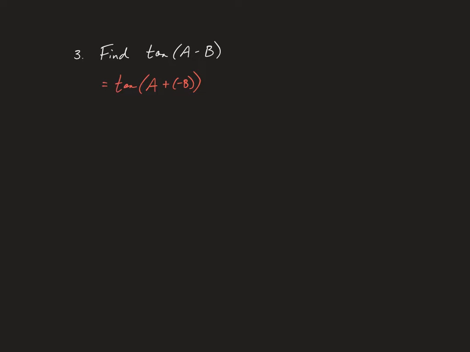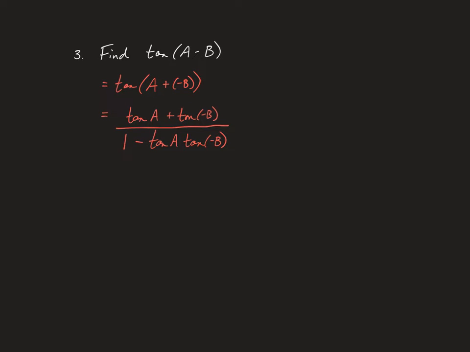Well, now I'm going to use the previous tan compound angle identity for addition to break that down. That's going to give me tan of A plus tan of negative B all over 1 minus tan of A times tan of negative B.